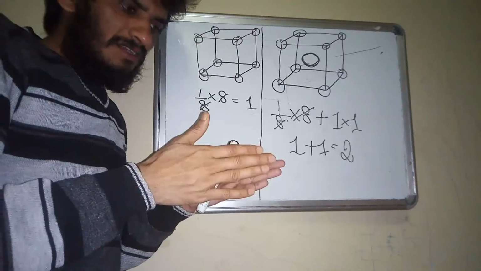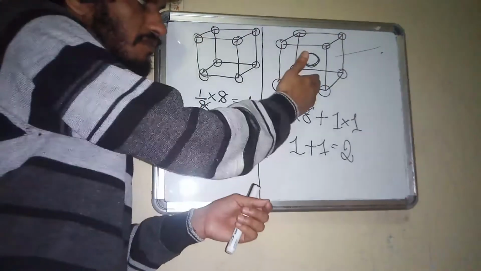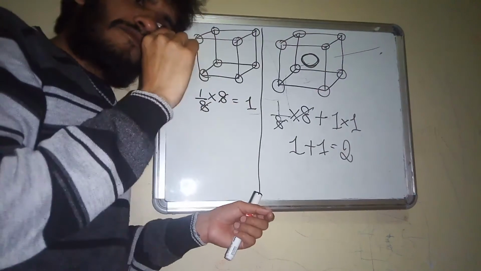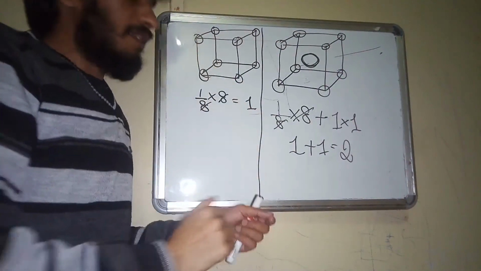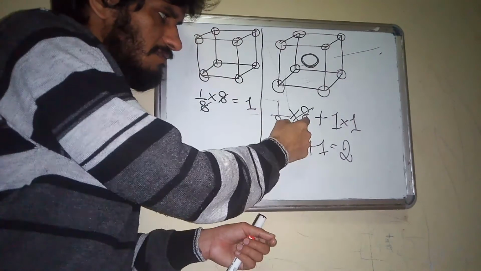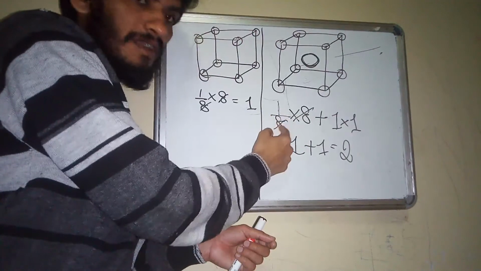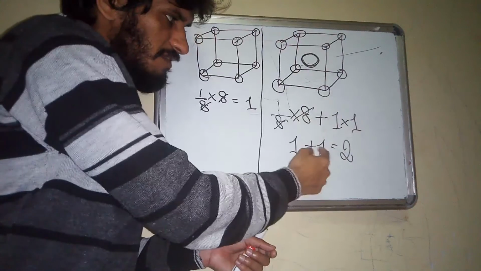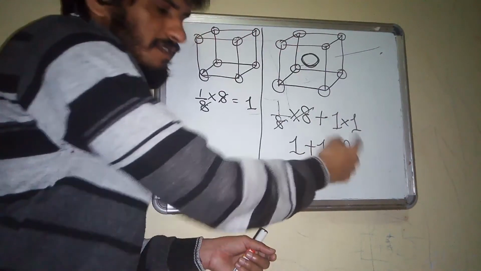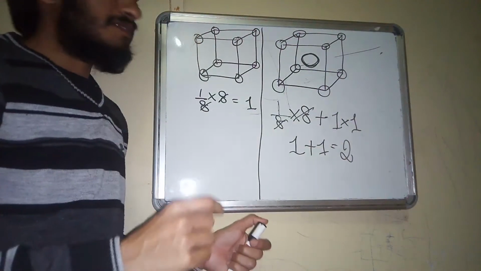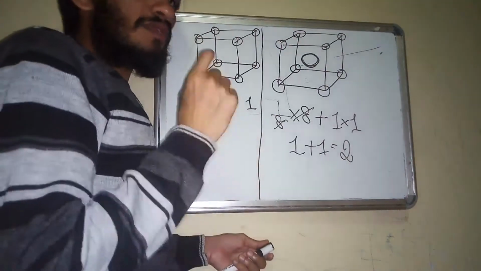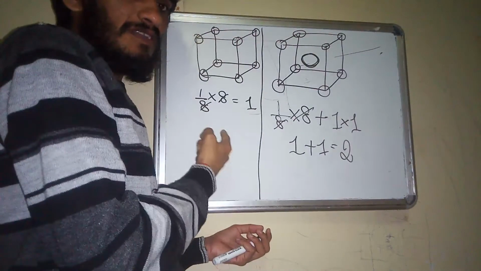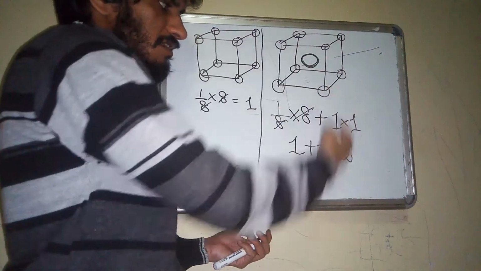So 8 atoms with 1/8 parts each, and 1 atom completely belonging to itself, that means 1 into 1. So 1 plus 1, totally 2 atoms or 2 particles or 2 lattice points are present in body center, whereas in primitive only 1, whereas in body center it is 2.